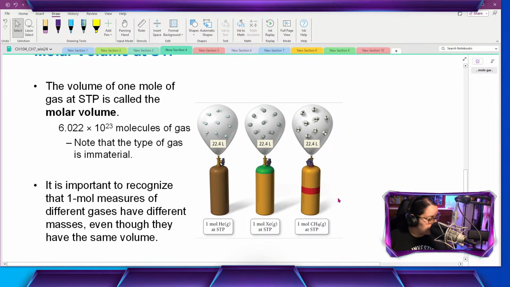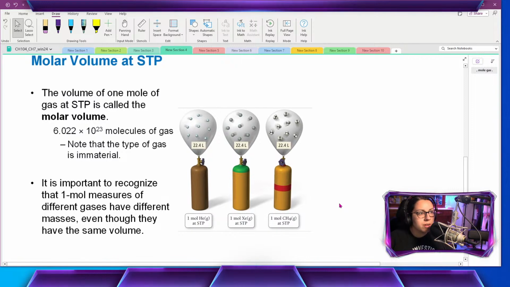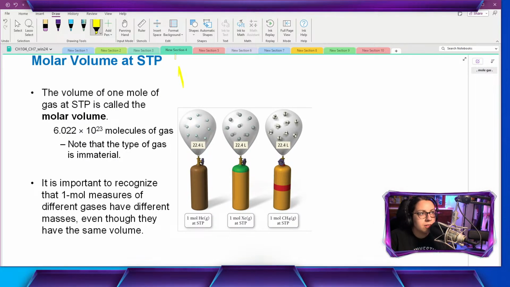Again, our molar volume at STP, I would highlight this, star this, whatever you need to do so you can remember this. We said our volume of 1 mole at STP is our molar volume, corresponding to 6.022 times 10 to the 23rd molecules of gas.